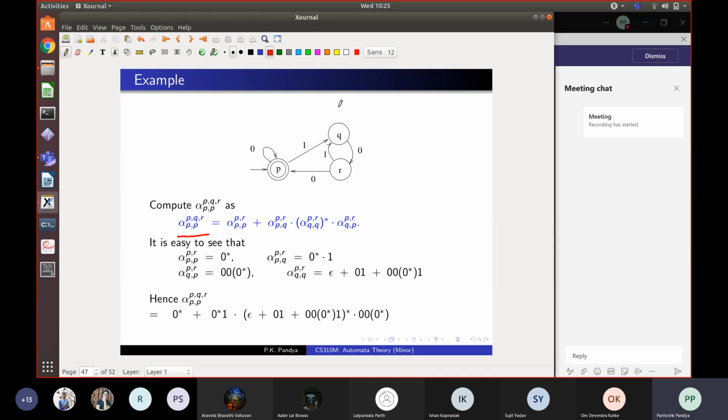Everybody. Suppose I had this also as the start state. Then what would be the regular expression for this modified automaton? Can somebody tell me? It will be alpha Q2 with, I'll write capital Q as the set of all its states. And the second one will be plus alpha, so one possibility is you start in P and end in P. You start with QP, and then the set of all states, right?